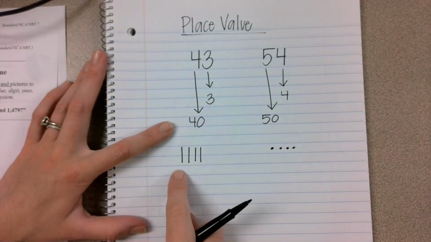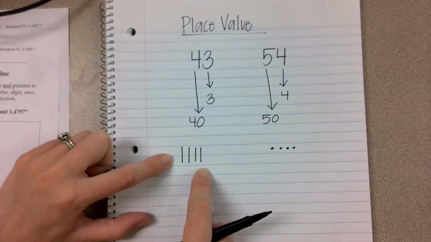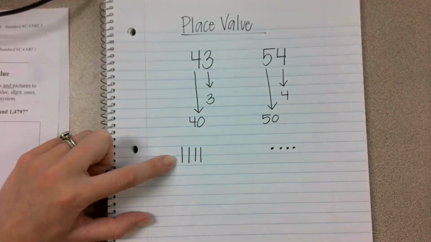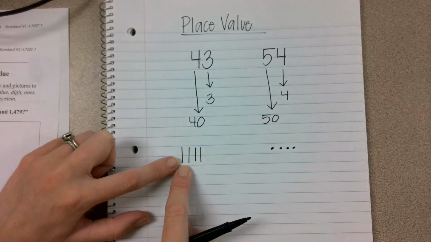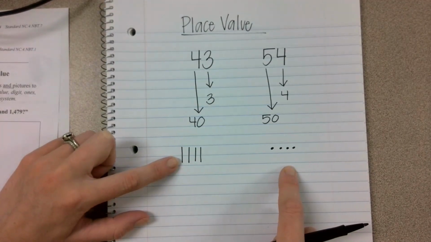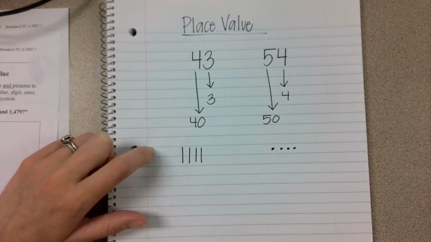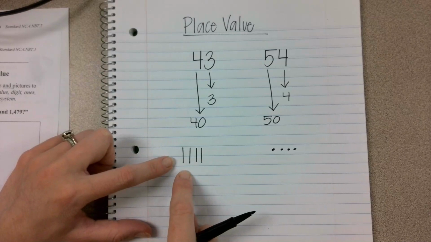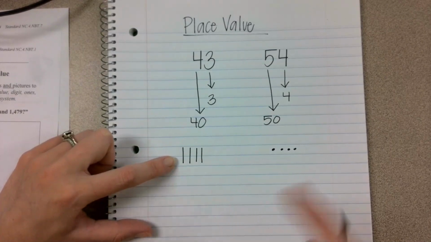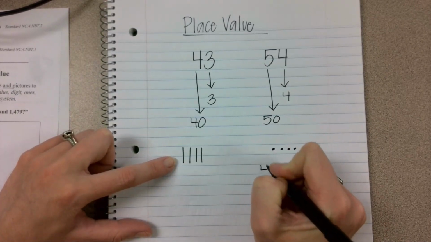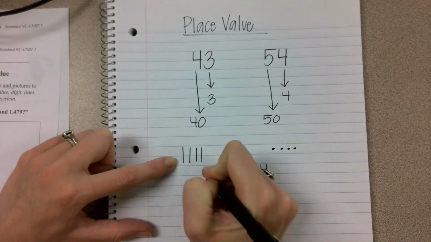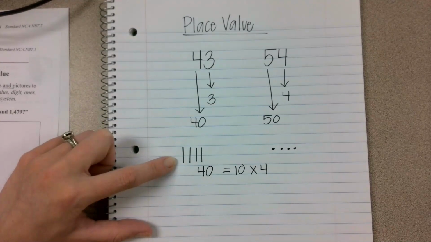So I just drew 4 10 sticks. And here are 4 ones. We can see that obviously 40 is more than 4. But we want to compare. So how could this 4 become like this 4? Well, I know that 4 times 10 equals 40.